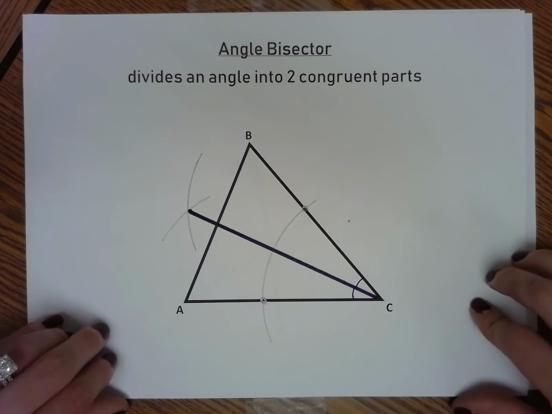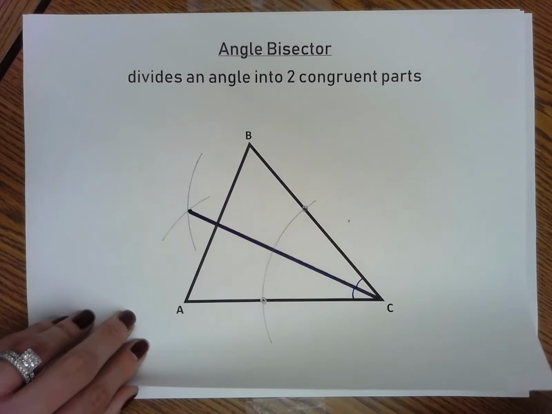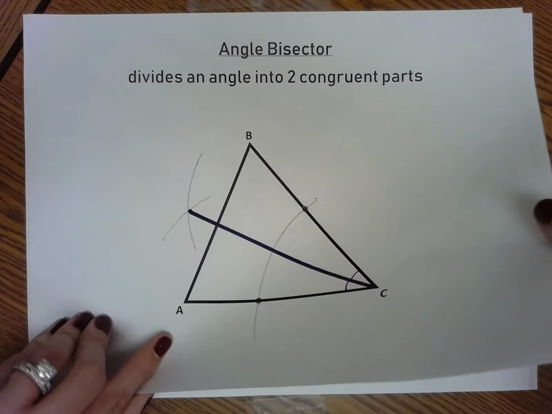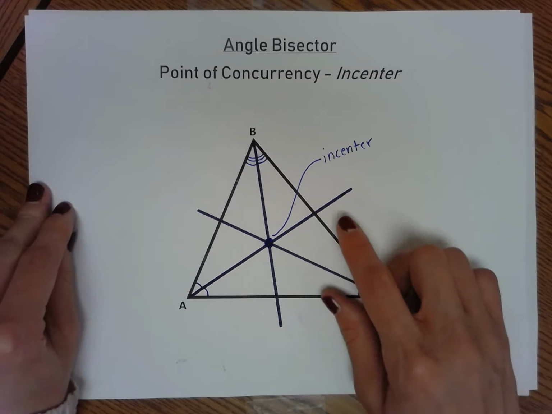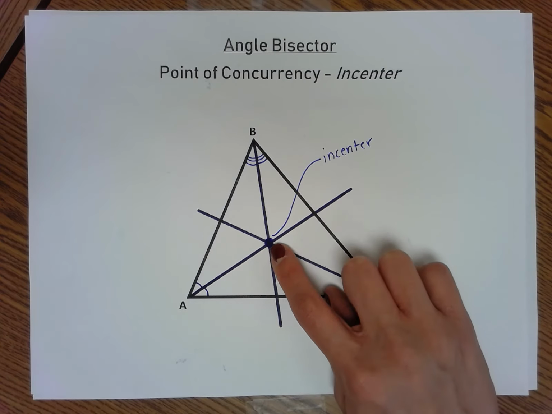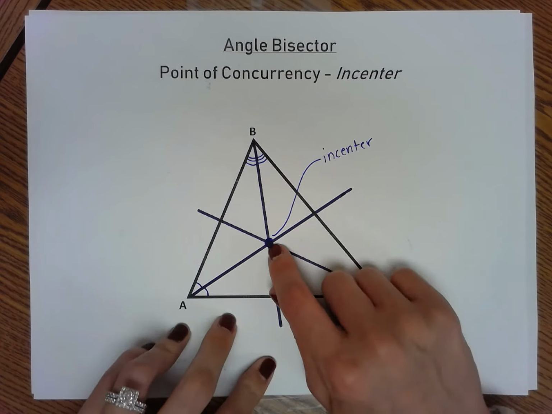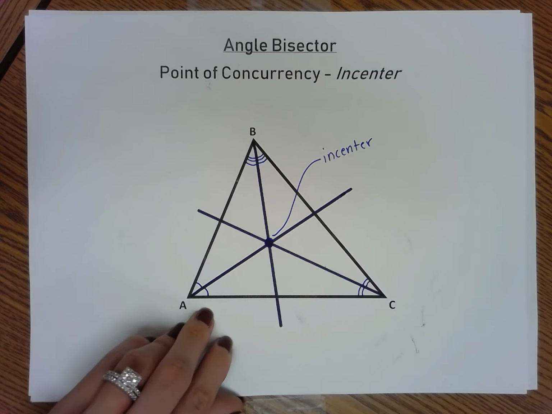If I were to draw an angle bisector of each of these angles in a triangle, they would all meet at the incenter. Now just a note, the incenter is equidistant from the sides of the triangle.